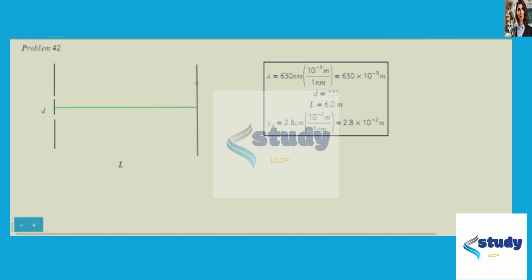So let's say that it's y4 somewhere up here. And now we can see an angle formed between this starting location and this y4. So let's go ahead and label this. This is going to be y4. And this distance is L, the separation distance. And then we see that the angle formed between the blue and green line is theta.